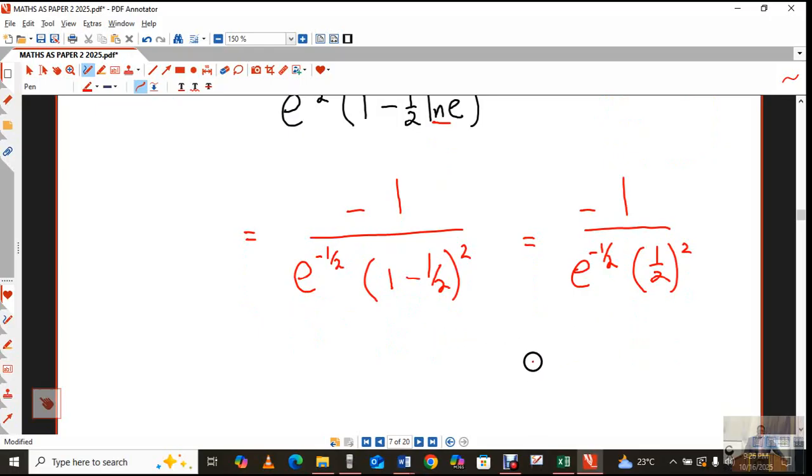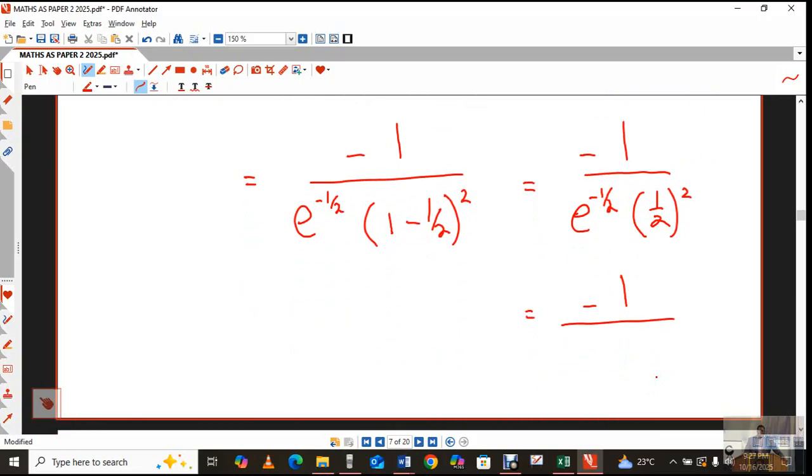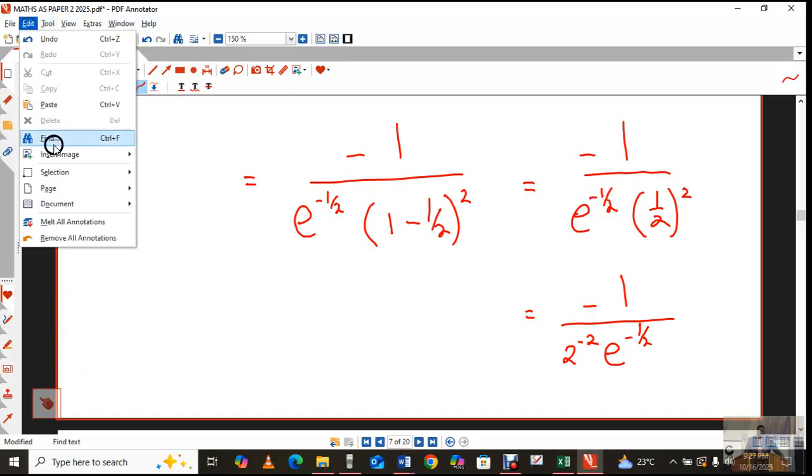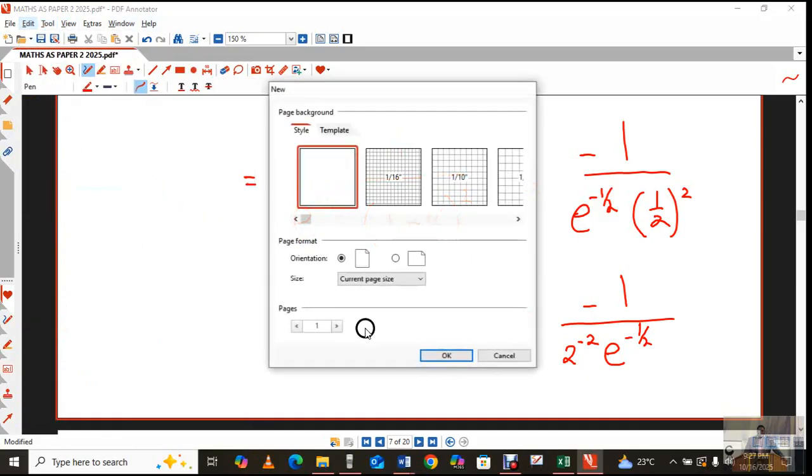So basically, you have negative 1 and you have e raised to the power of negative half, and this is also 2 raised to the power of negative 2. That's what this one can be written as. And e raised to the power of what? Negative a half. Bottom line, when you are dealing with stuff like that, they're going to come on top there. So eventually, because the way I wrote, I probably have to insert another page.